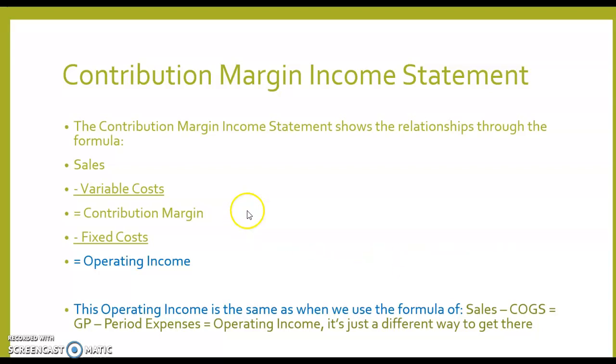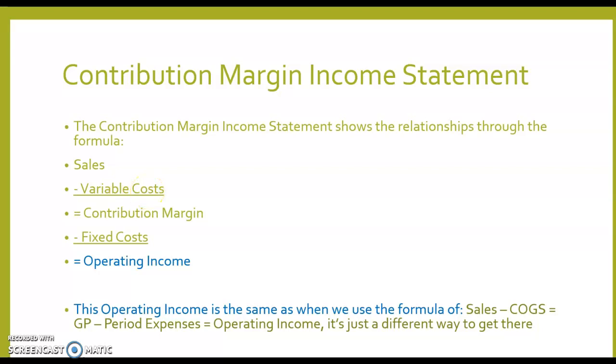Once you have that all separated out, now you can have your contribution margin income statement, which management uses a lot more than a regular income statement that goes to investors and creditors. Here's our formula for a contribution margin income statement. We have sales minus just the variable costs. Those might be variable costs of the product, and they might be variable costs of the office.